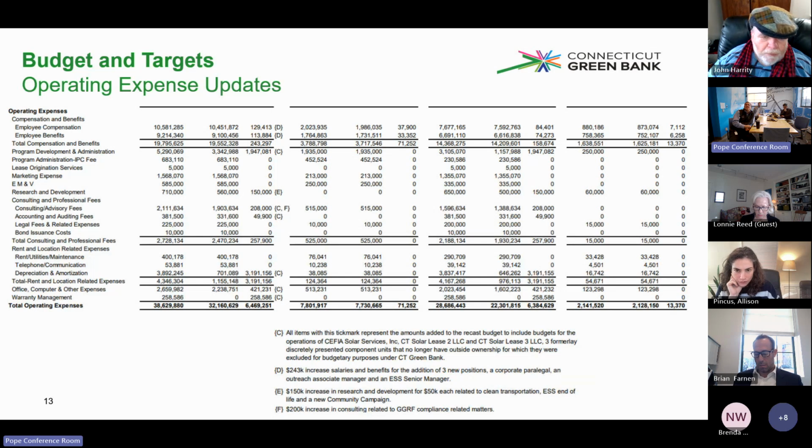Finally, I want to highlight adjustment F for $200,000. It's an increase in the consulting budget, which I've added in here for any reporting compliance needs for Greenhouse Gas Reduction Fund. I think we are in an extraordinarily good place for reporting, especially relatively, being that we've been working with EPA since they've been developing requirements.